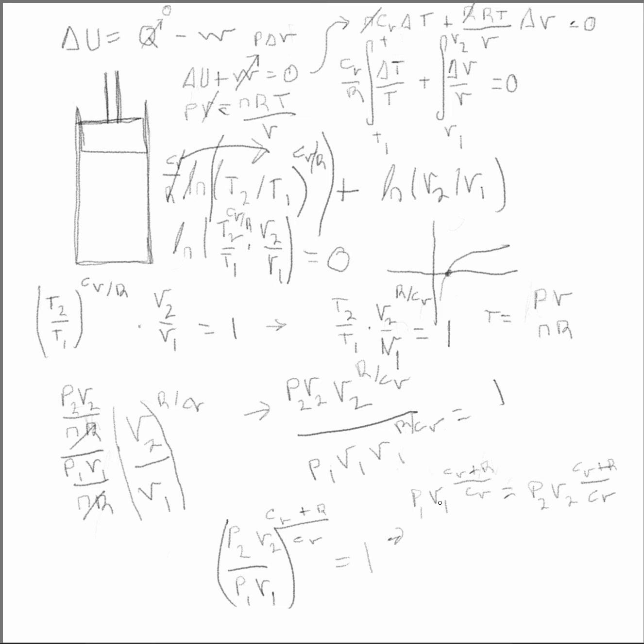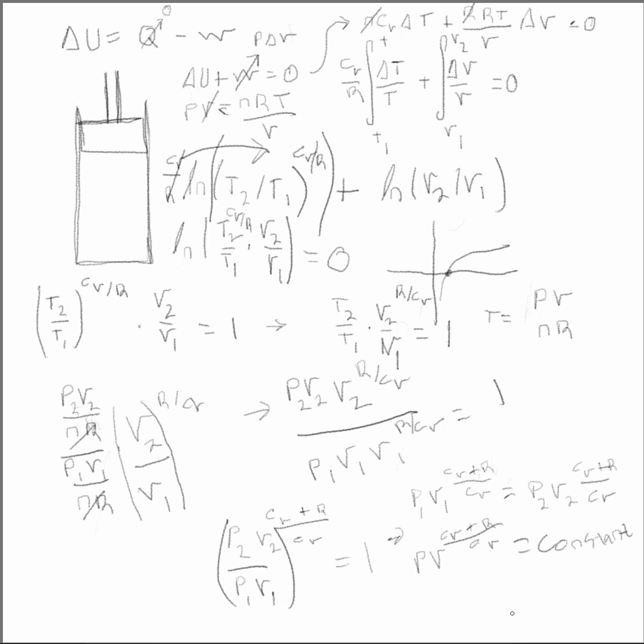So what this means is that this value equals this value at all times. And so that will mean that the product of P and V to the power of (C sub V plus R over C sub V) is equal to a constant.